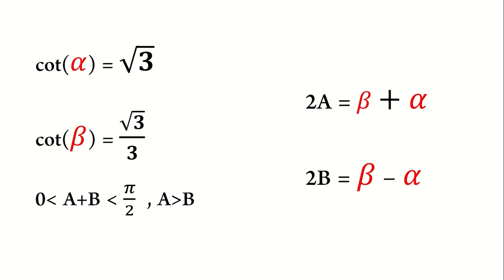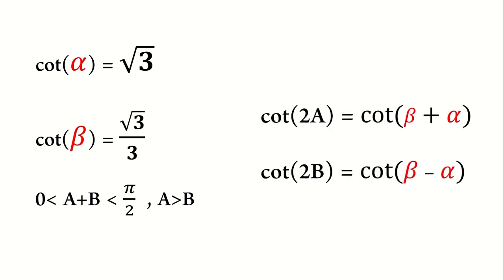So 2a is equal to beta plus alpha, and 2b is equal to beta minus alpha. So we can calculate the cotangent of 2a and cotangent of 2b, which is the cotangent of beta plus alpha and beta minus alpha. So again, we will need the formula of cotangent of the summation of two terms and cotangent of the subtraction of two terms.